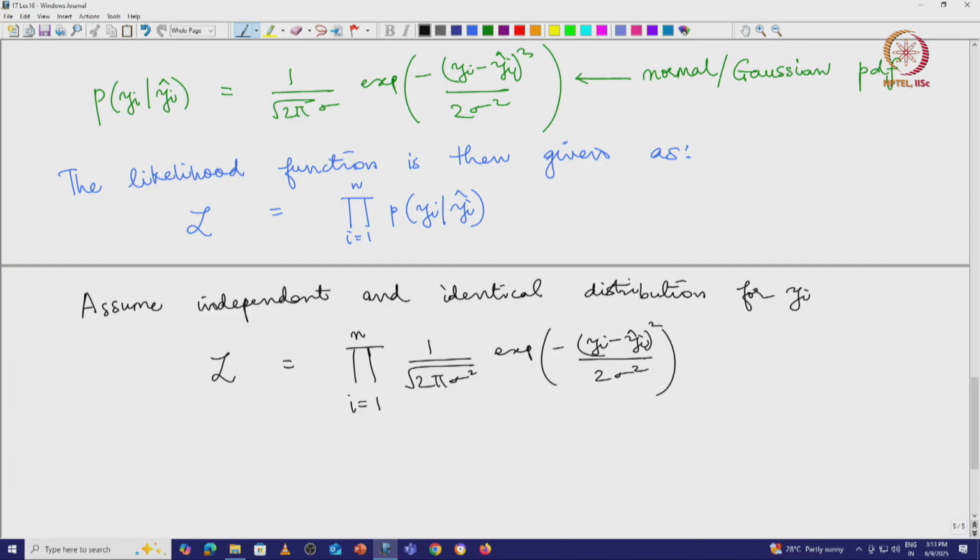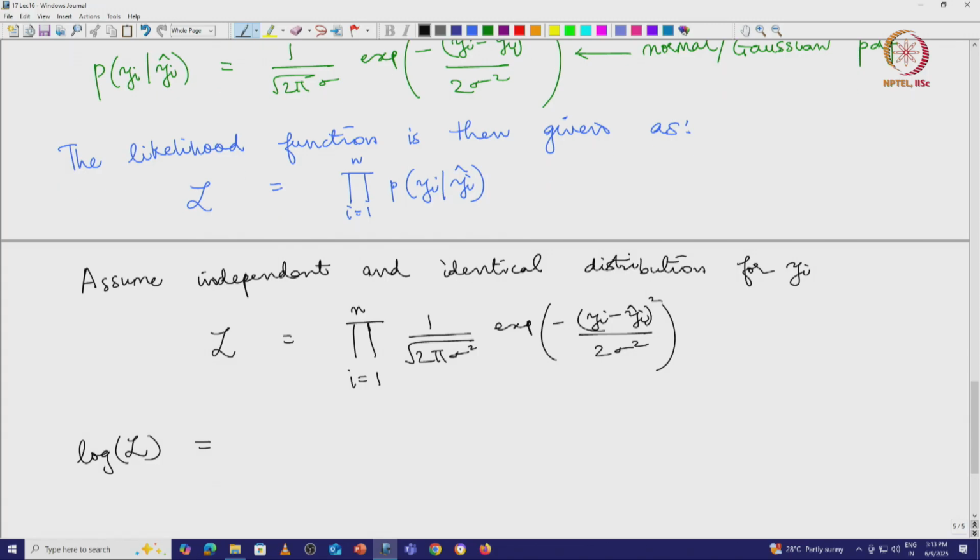Okay. Now if you take the log of the likelihood function, it makes it easier to work with, because you may remember that the log of the product of a set of numbers is the sum over the log. So for example, log of AB is log A plus log B. Therefore this product, when you take a log, it becomes a summation.